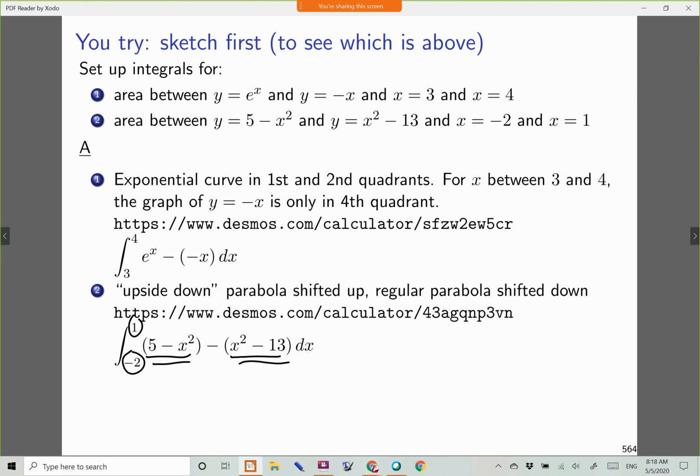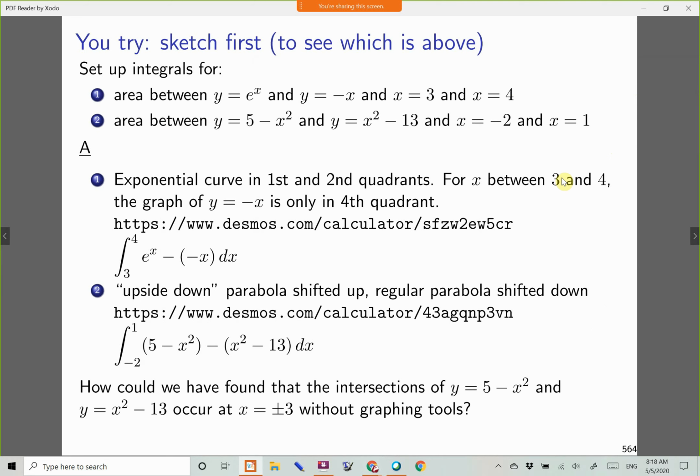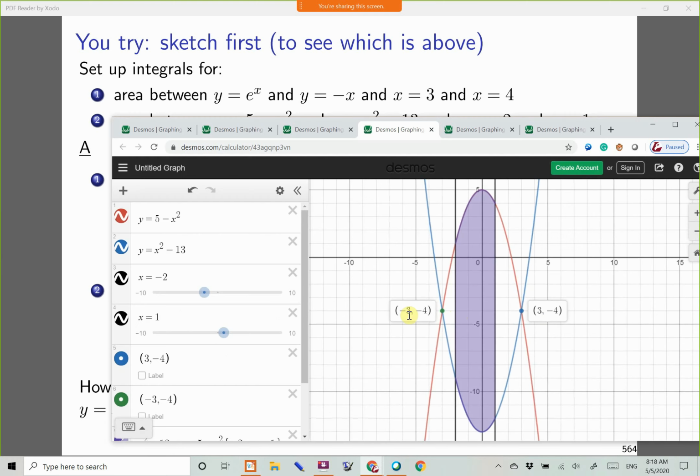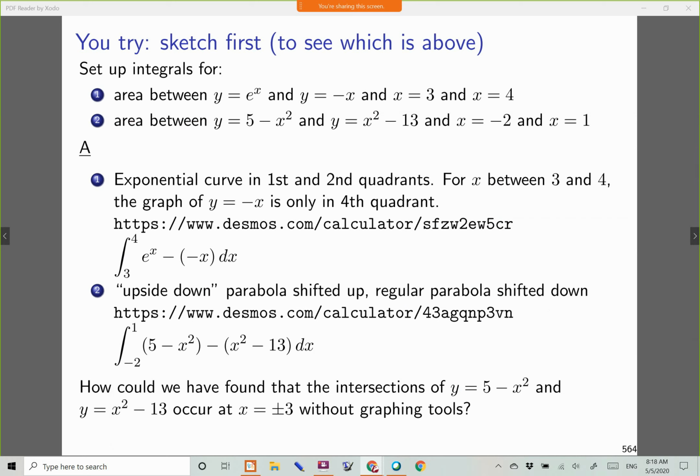But I think the big question that would come up in this, and I tried to demonstrate this in the picture to get your feet wet with this, is these two parabolas intersected, right? How could we come up with the intersection? And we saw in the picture that the intersections occurred when x equals 3 and x equals negative 3. We could have determined that using algebra, even without the graph.